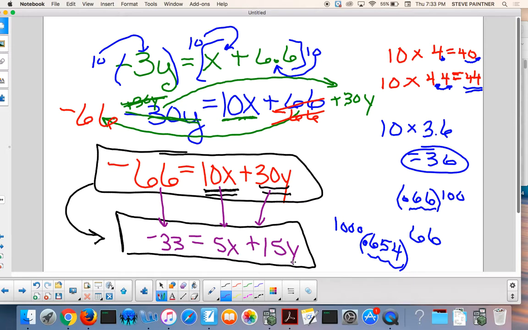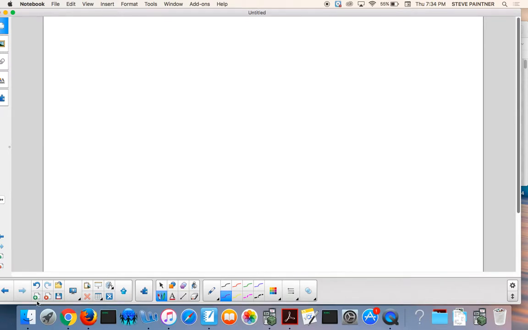So this would be considered simplest form. So put it in simplest form whenever you can. If you left it like this, it's not that it's wrong, it's just tougher to work with, and it's much easier to work with smaller numbers, so try to do that.